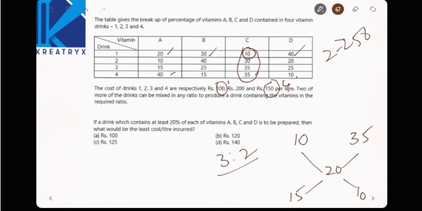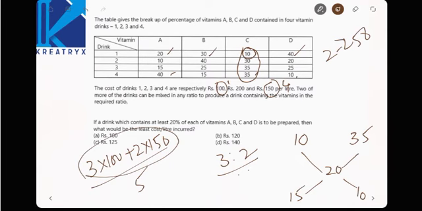So if you want a drink which contains at least 20% of ABCD with least cost, you have to mix drink 1 and drink 4 in 3 is to 2 combination. Now 3 into 100 rupees plus 2 into 150 rupees divided by 5, this total will get you how much? 600 by 5. 600 by 5 is nothing but 120, right?